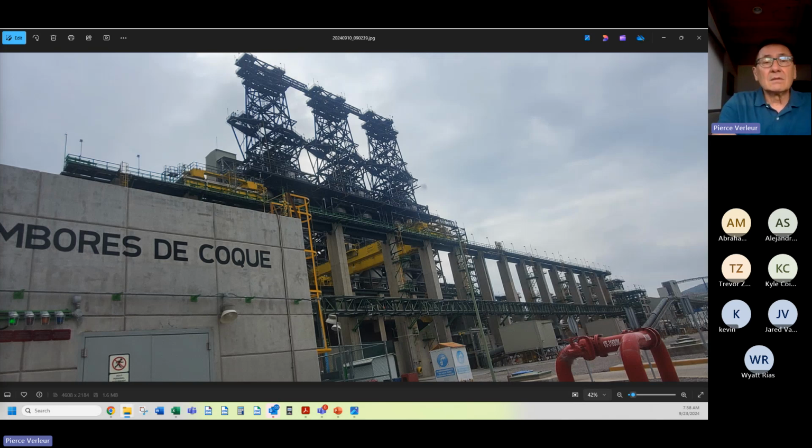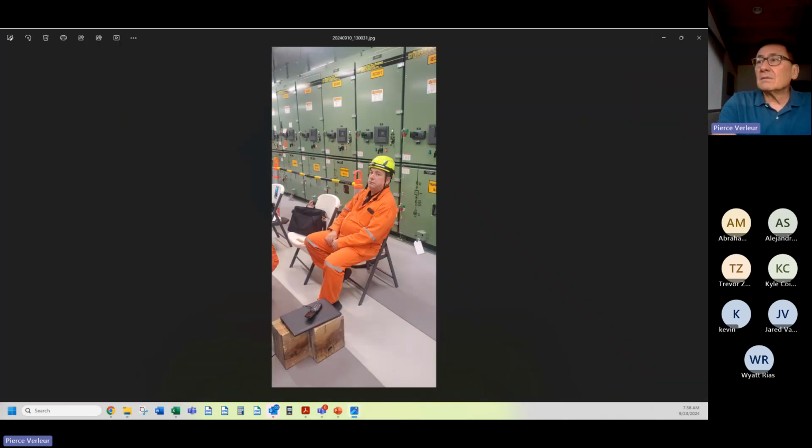This is where all of the VFDs were. That's my colleague Dan Comans. He's not very happy because when we came out of the hotel on Monday morning at 6 a.m., they looked at us and said, put on these orange jumpsuits. Everybody in this place wears orange jumpsuits.